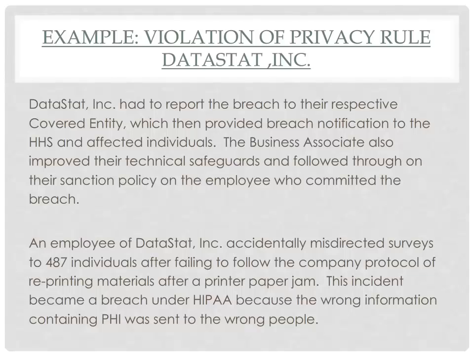This incident became a breach under HIPAA because the wrong information containing PHI was sent to the wrong people. This is an easily preventable breach. Please follow any company policy on the handling of electronic devices or appliances that copy, receive, or transmit PHI.